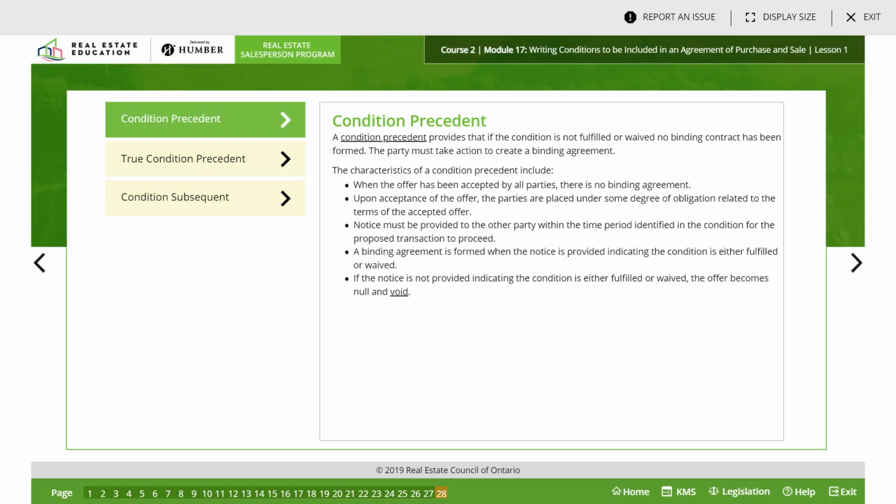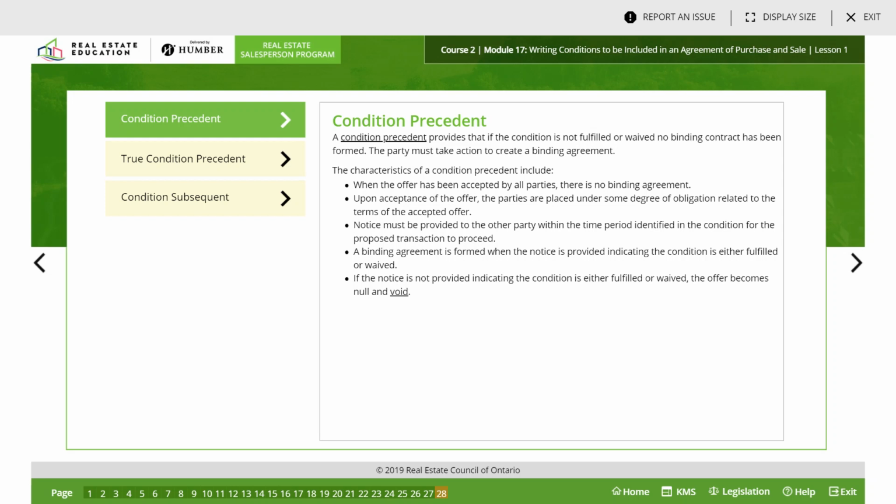So, a condition precedent. A condition precedent provides that if the condition is not fulfilled or waived, no binding contract has been formed. The party must take action to create a binding agreement. The characteristics of a condition precedent include: when the offer has been accepted by all parties, there is no binding agreement.